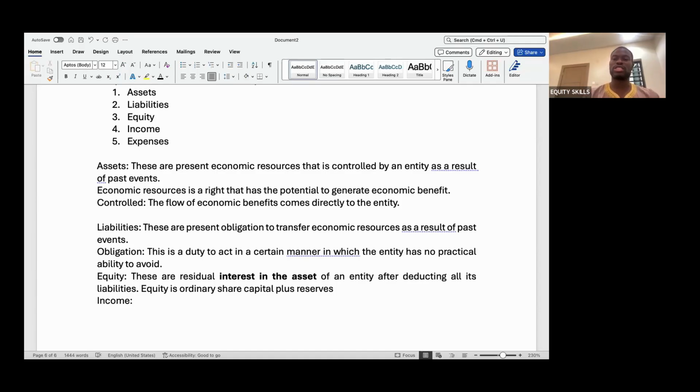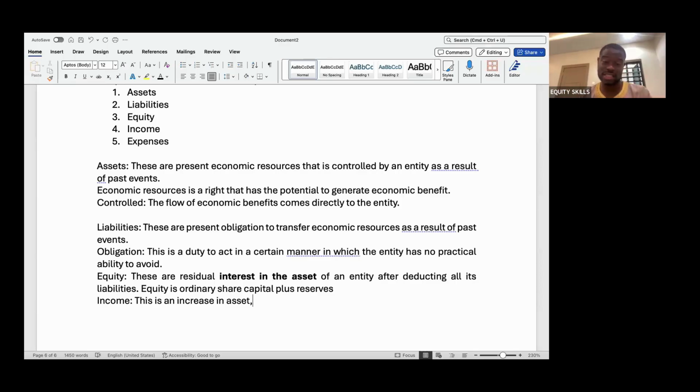So the next one is income. Income is an increase in assets. Okay? When your assets increase, that is income. So, for example, if you bought a new asset, that one is clearly not income.